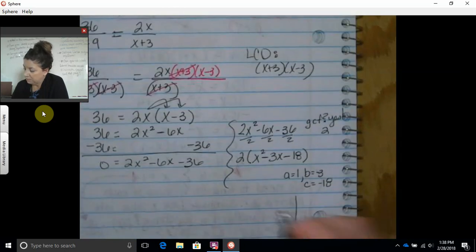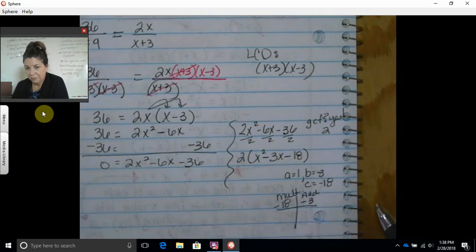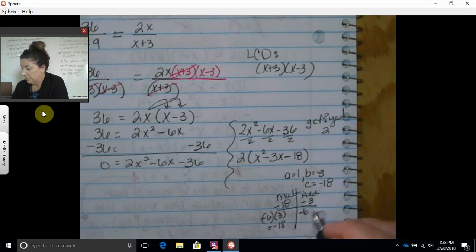So I need two numbers that multiply together to give me negative 18 and add together to give me negative 3. Negative 6 times positive 3 is negative 18. Negative 6 plus 3 is negative 3.